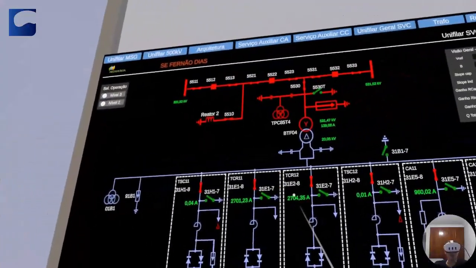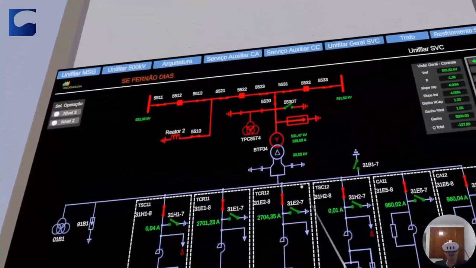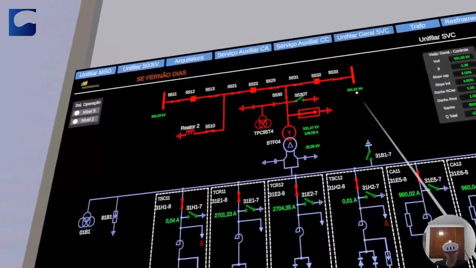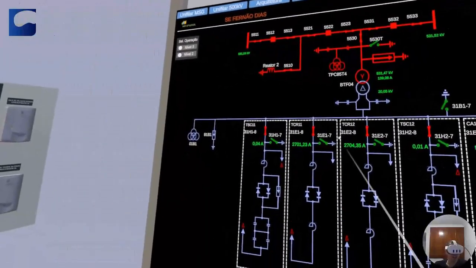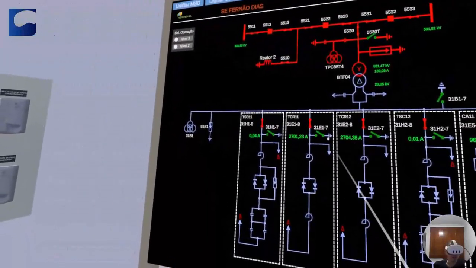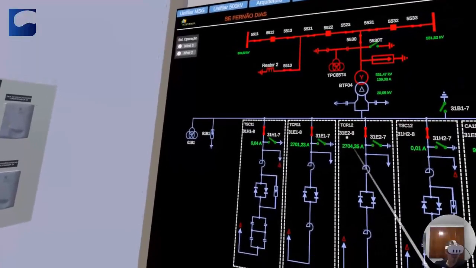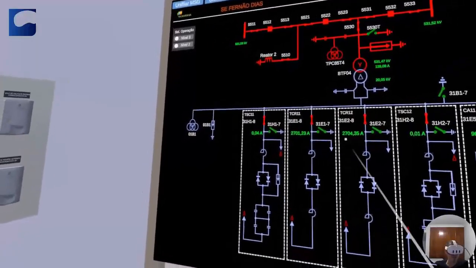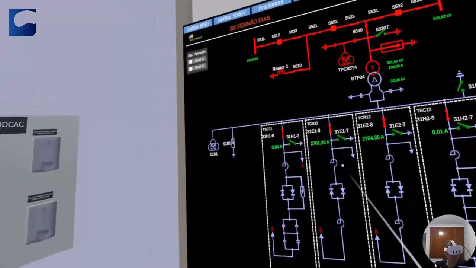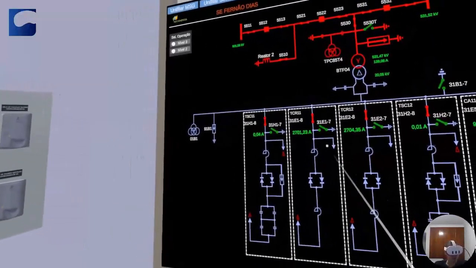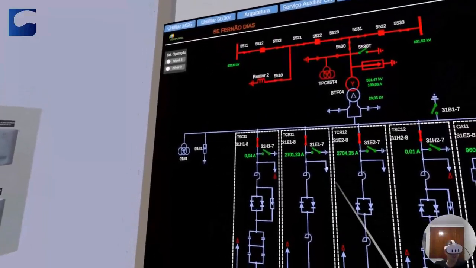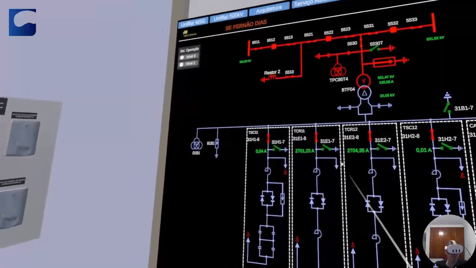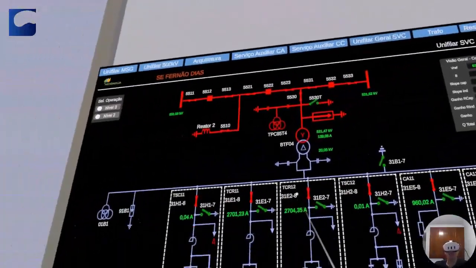If I set a set point to lower the voltage, what will it do? It will need more reactor, so it will try to increase the current from the switched reactors, meaning there are thyristors there that have a firing delay. The greater the delay, the higher the reactive power. Inductive, that is current lagging behind the voltage.